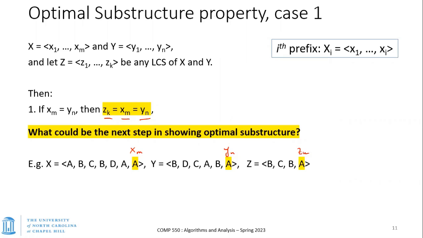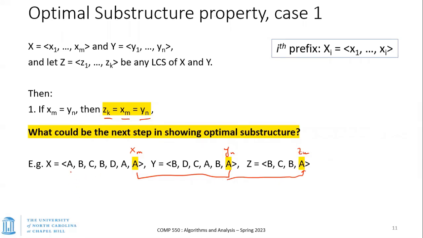So having shown the last characters are the same, can you break it down into a smaller problem and show that it is also going to be optimal? Yeah. So the first characters of each one of them. You could start by looking at, let's say, the first characters.